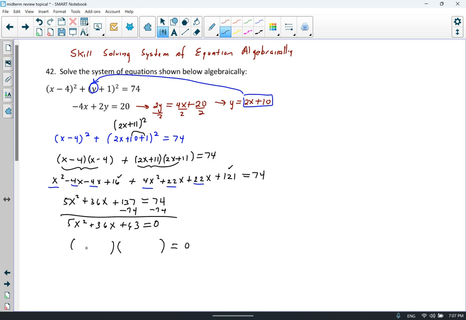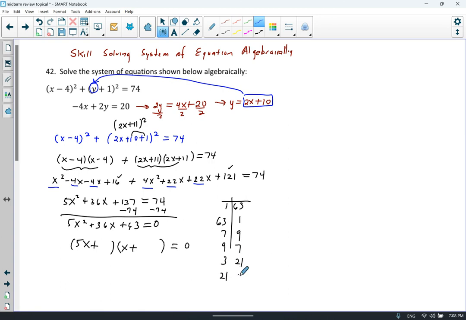So if I'm using trial and error, the first two terms have to multiply to 5x squared. And since the last sign is positive and the middle sign is positive, I know inside both parentheses is a plus. Now I look for factors of 63, which are 1 and 63, 7 and 9, 3 and 21.